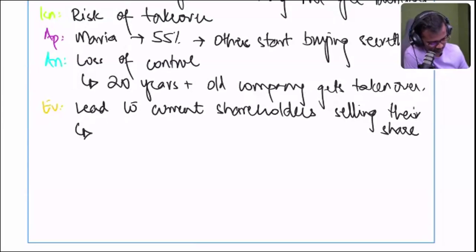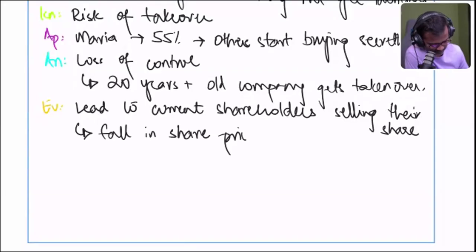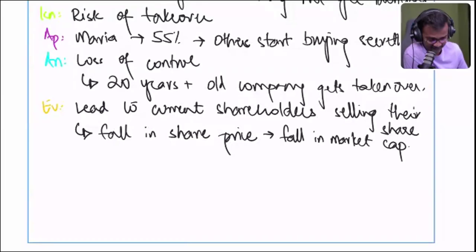And this might lead to a fall in share price. Remember, when they sell in the stock market, they usually sell it for a lower price, and that's where you're seeing if there's a fall in share price, it also leads to a fall in the market cap. Remember market capitalization, which tells you about the size of a public limited company, that also falls with the share price.